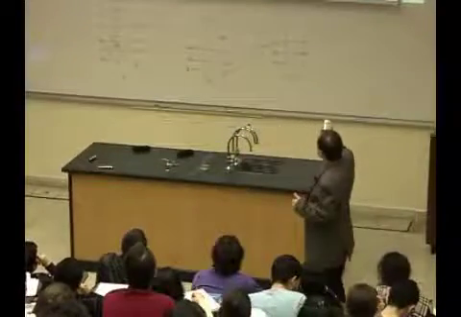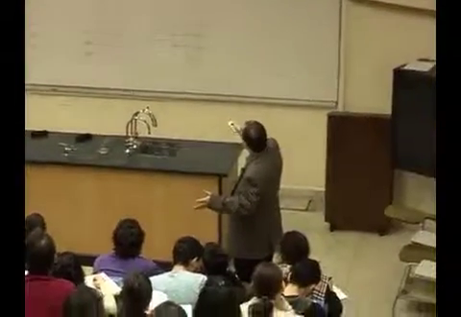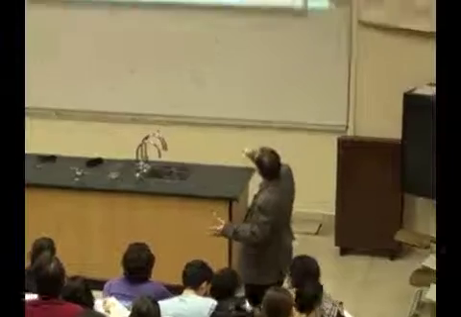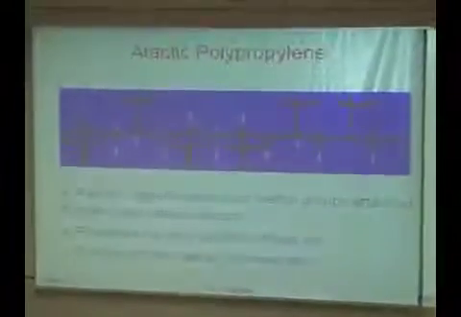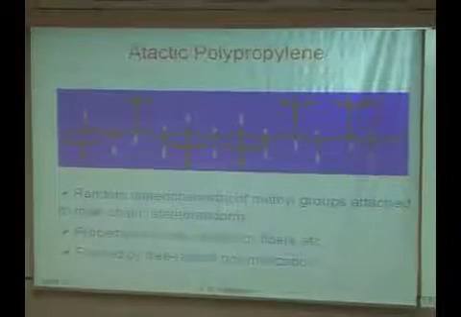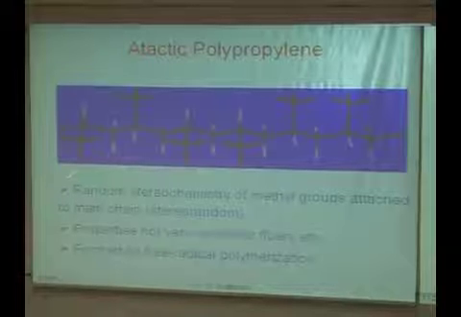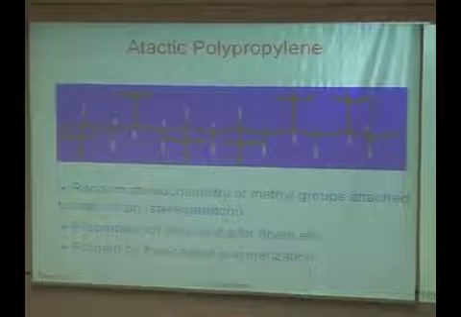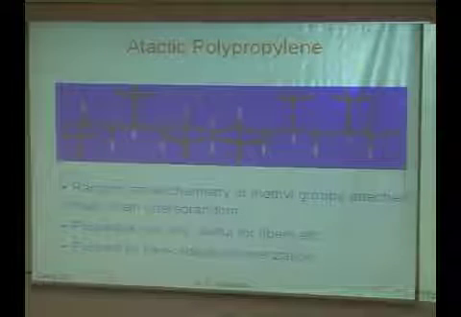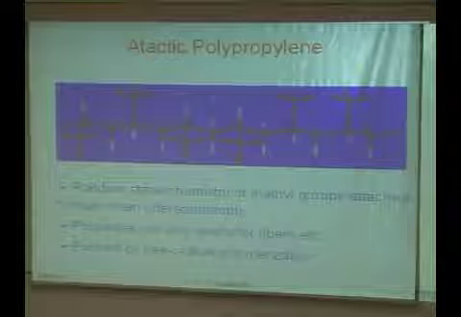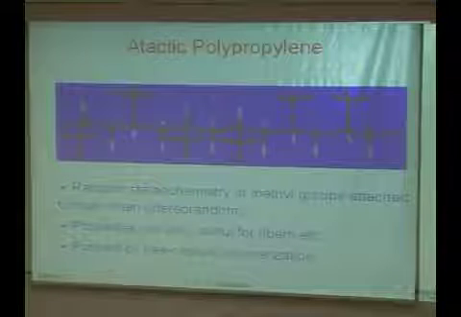In atactic polypropylene, you have this chain right here, and you have the methyl groups hanging out of the chain, but they are hanging out in a random fashion. So that is called an atactic polypropylene. The stereochemistry of the methyl groups is random.